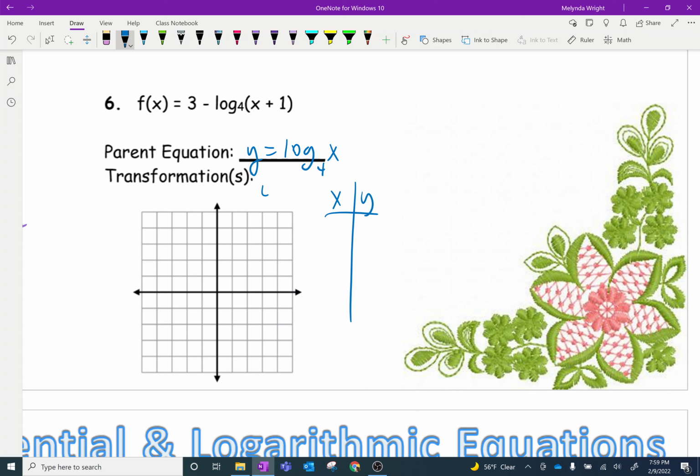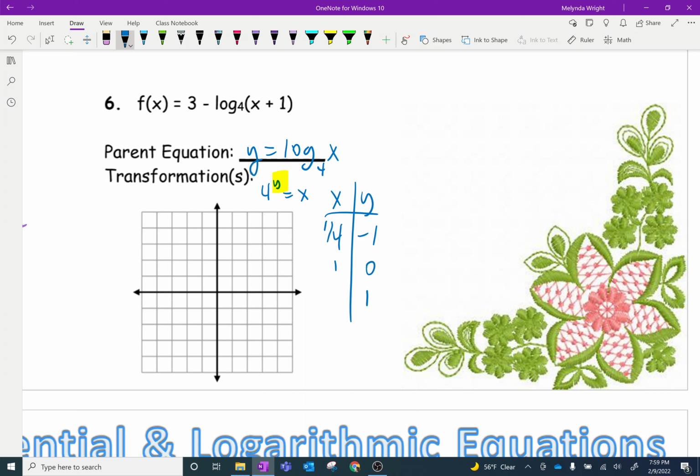So we're going to do -1, 0, 1 again for y's this time, because this is the one where it'll be easy for us to find. It's not because I have to, it just would be easier. So 4 to the -1 is 1/4. 4 to the 0 is 1, and 4 to the first is 4. So the logarithm parent is going to have its asymptote right here.